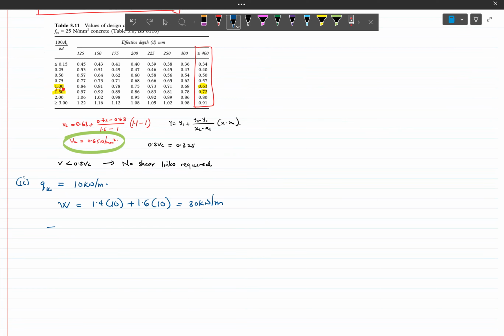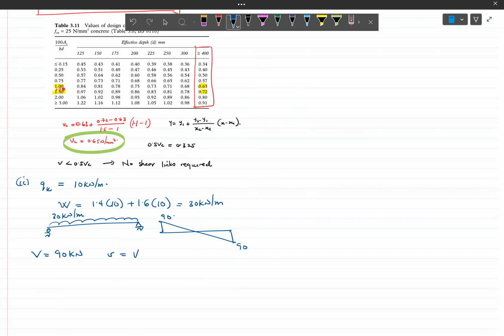Okay. So again, we come back, we have this beam, we have this load, which is 30 kilonewtons per meter. So draw a shear force diagram, which takes the shape. The highest shear is 90. Right, so V, which is the highest shear, is 90 kilonewtons. Now let's find the shear stress v.